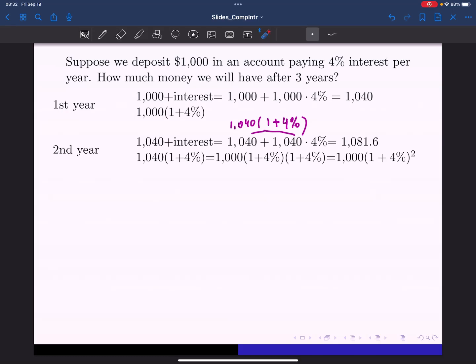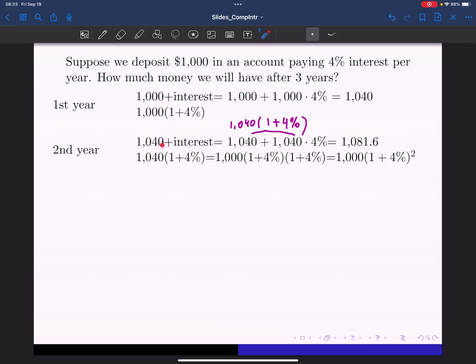But now, 1,040 is equal to this amount. So I can substitute this for this part, and this part is equivalent to what we had, 1,000 in factored form. So instead of this 1,040, we substitute this part.